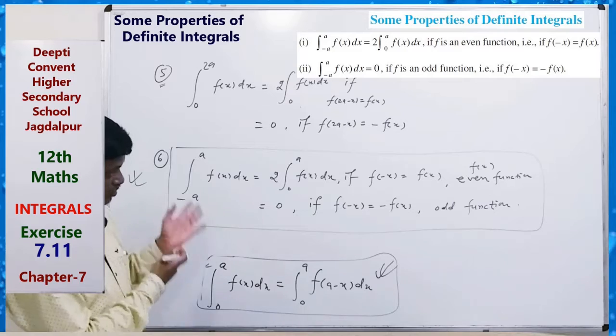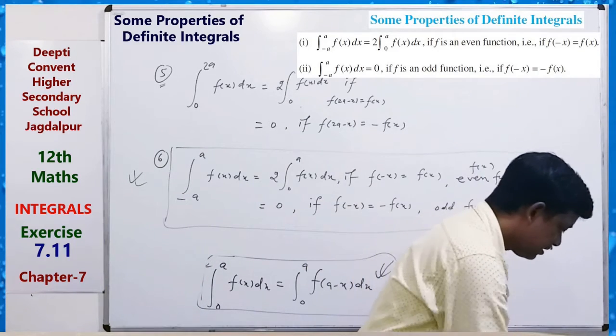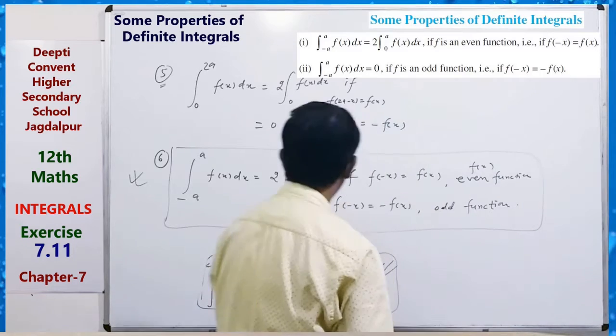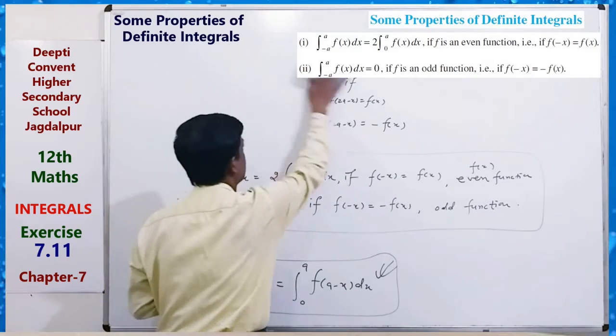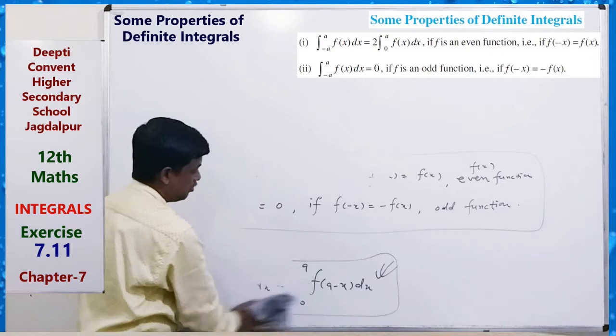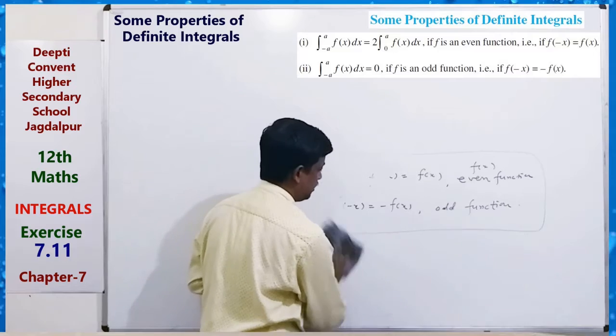Now, using this property, we will solve exercise 7.11. There are also some questions in the examples, so you should do all the examples too, because they are also important. Now we will solve exercise 7.11. Clear?